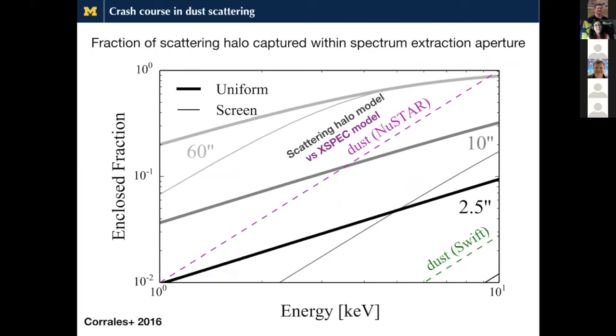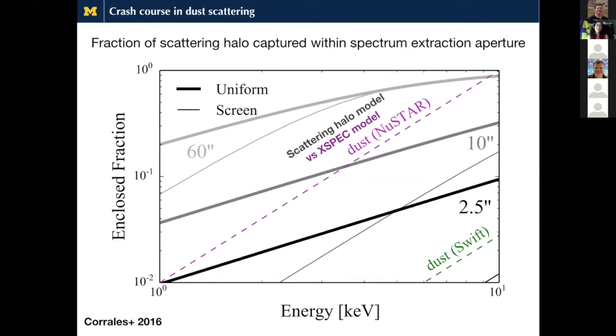So the x-axis is the energy for the scattering halo. And as you might recall, the scattering halo gets more compact with energy. And then the y-axis is the enclosed fraction. So we're going from 1% to fully enclosing the entire dust scattering halo.